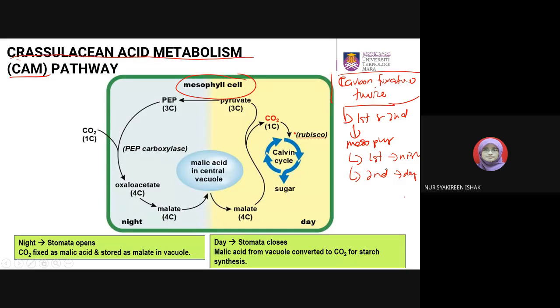Yeah, so basically second carbon fixation ni adalah Calvin cycle. Kan saya cakap tadi, Calvin cycle perlu berlaku pada waktu siang sebab dia perlukan product of light reaction. Okay, so kalau tengok ni yang blue area ni ya, is when first carbon fixation occurs.